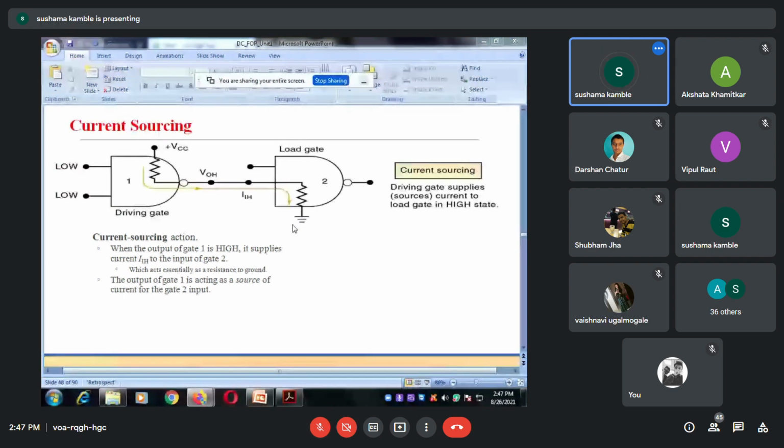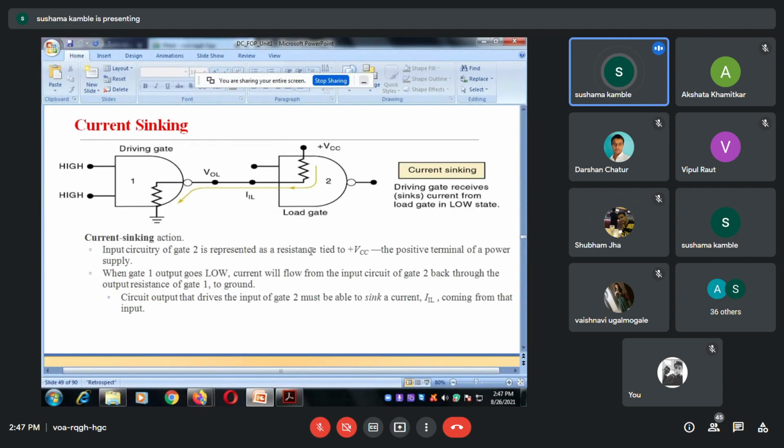Now you will see the difference between current sourcing and current sinking. This is a driving gate, this is a load gate. Now current is going from this direction to this direction. Means what? Here the driving gate is sourcing or receiving? Here it is receiving.